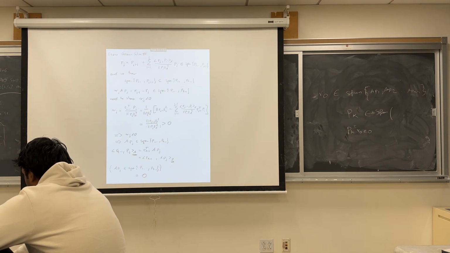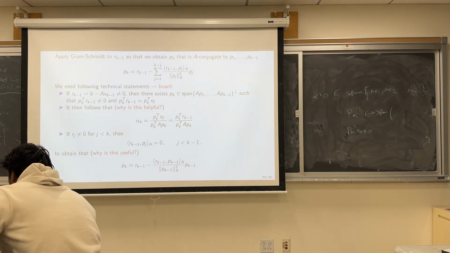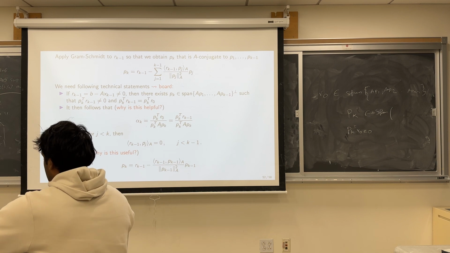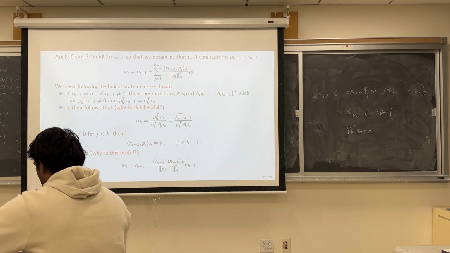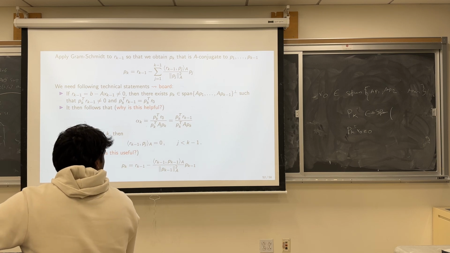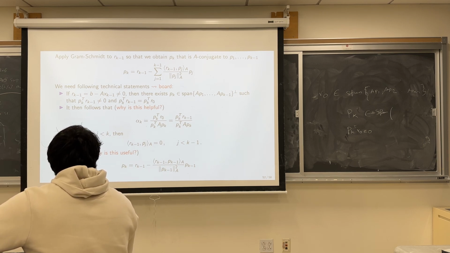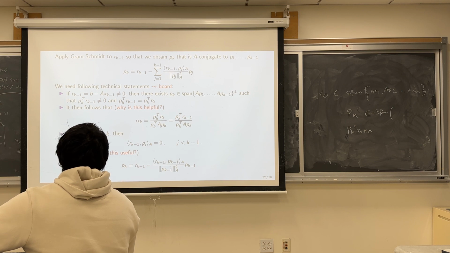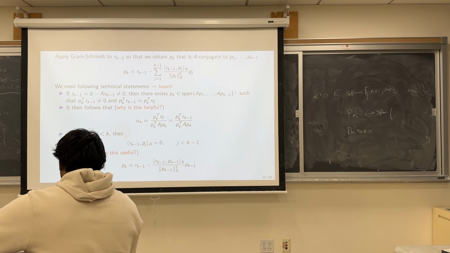What's important here in these results, which we'll do in the next video, is that to calculate P_k, I only need the (k minus 1)th residual and the (k minus 1)th direction. Why?